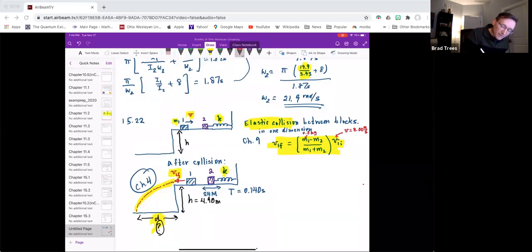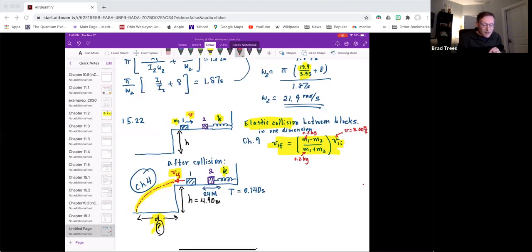My number that I'm given is 0.2 kilograms. So if I can just figure out the M2, then I can plug into this formula and get V1 final. And once I have V1 final, I go back down to my second picture and solve my chapter 4 projectile motion problem.